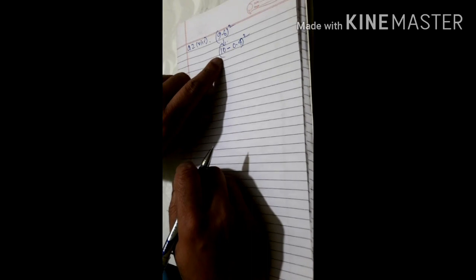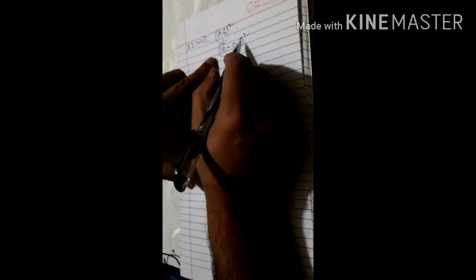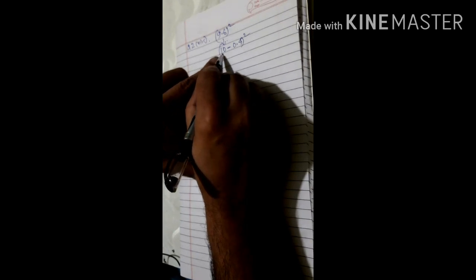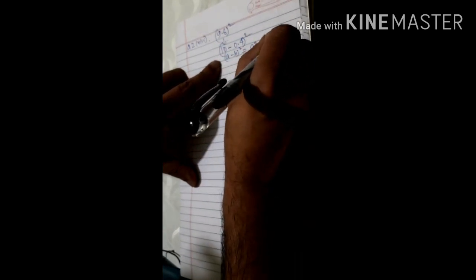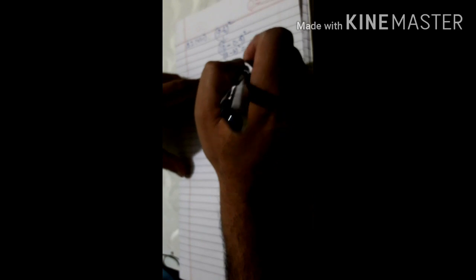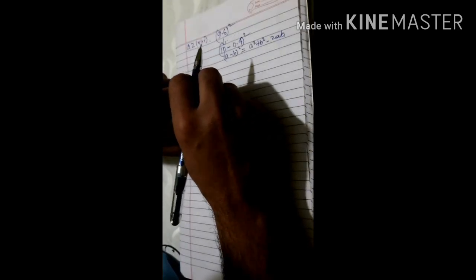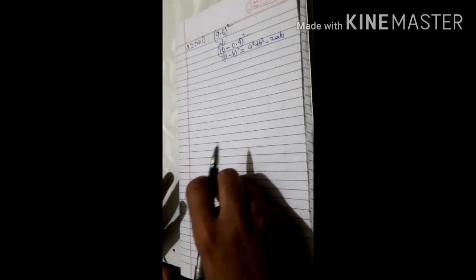Which standard identity will we use? It is in the form of a minus b whole square, so you'll use a square plus b square minus 2ab. This also I'll leave up to you. This question is exactly similar to question number 2 Roman 2, which I have already done, so you can take help from there.